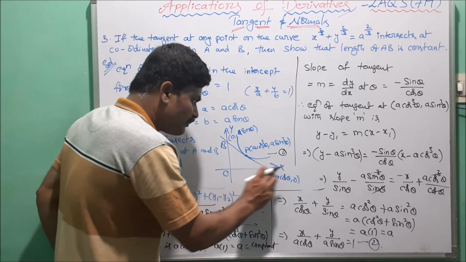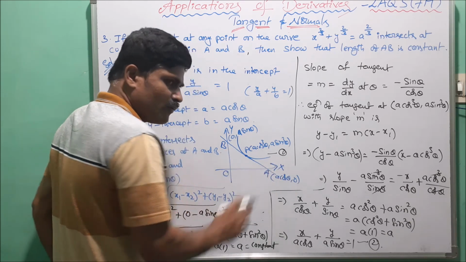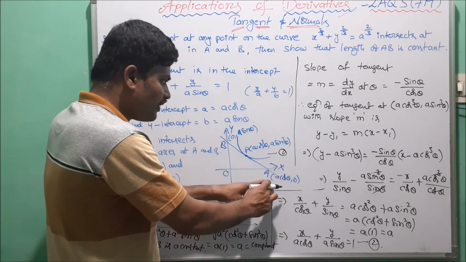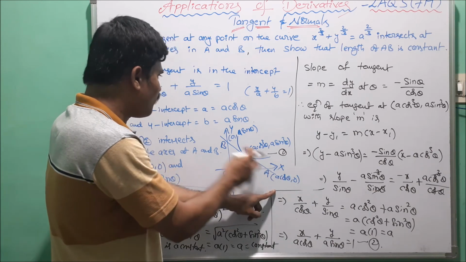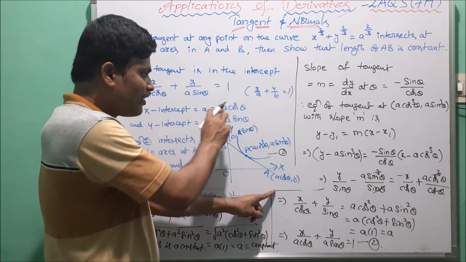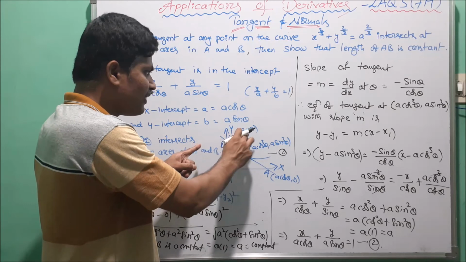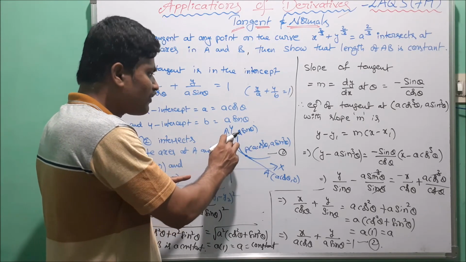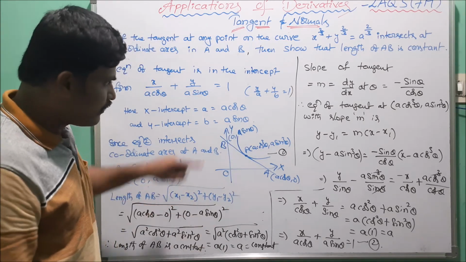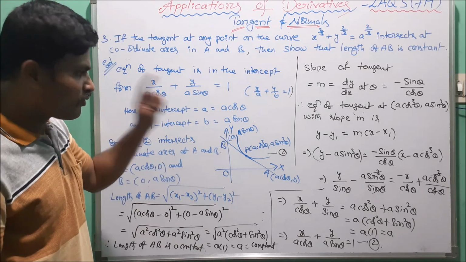Now here we observe that on the x-axis the y coordinate is 0. So the point A is a cos theta comma 0 because the x-intercept is a cos theta. Similarly the y-intercept is a sin theta. So the point B is 0 comma a sin theta because on the y-axis the x coordinate is 0.